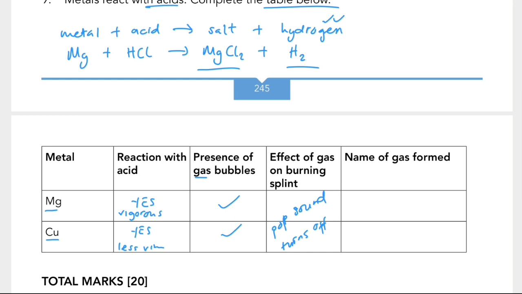So the reason is that hydrogen is highly explosive. So when we place a burning splint on hydrogen, it will produce a pop sound. Why? Because it would quickly react and then it pops, then it switches off. Then name the gas that is formed for both of them: hydrogen gas is formed.